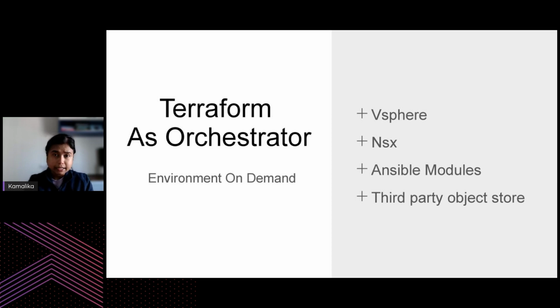Since we had limited time and did not have enough time to create a new provider for NSX, we had to fall back on the second configuration management tool, which was Ansible, because Ansible provided a ready-made module for NSX. However, it was only for configuring the NSX that we were using the Ansible module. The execution still happened with Terraform.